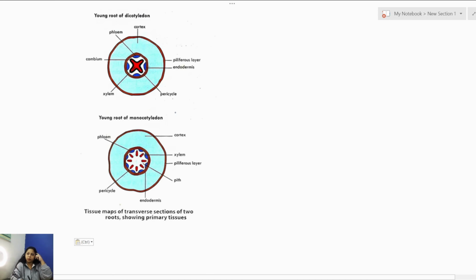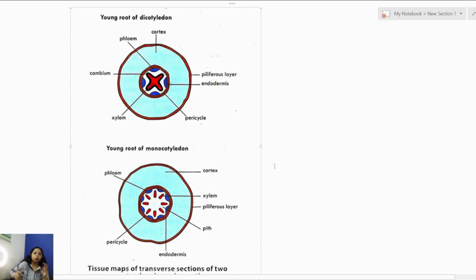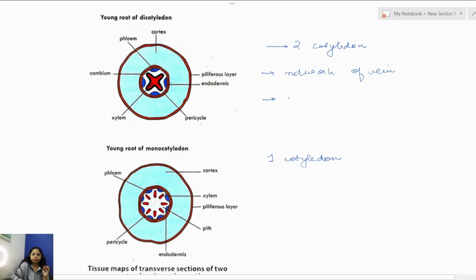What is the difference between dicot and monocot? Exactly, two cotyledons. We don't say two seeds, we say two cotyledons. What else? What cotyledon in the seed? What else? The network of veins, good.